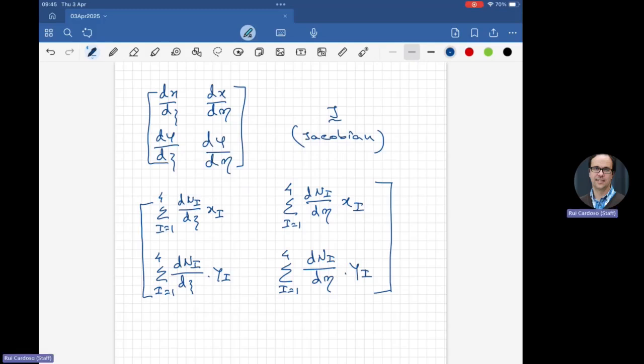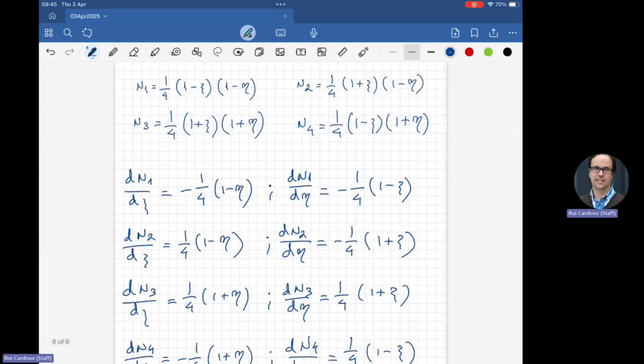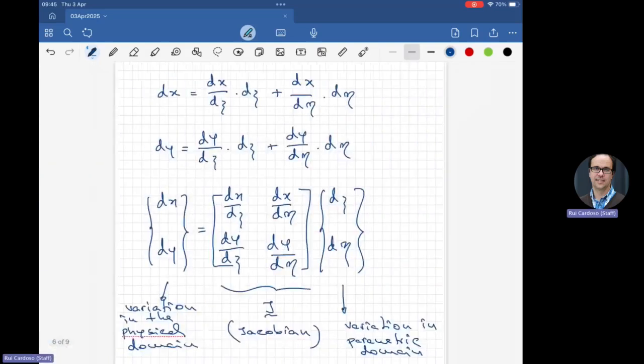Okay, this is the Jacobian. Now, there's one thing we can do. Jacobian is also used for another thing.